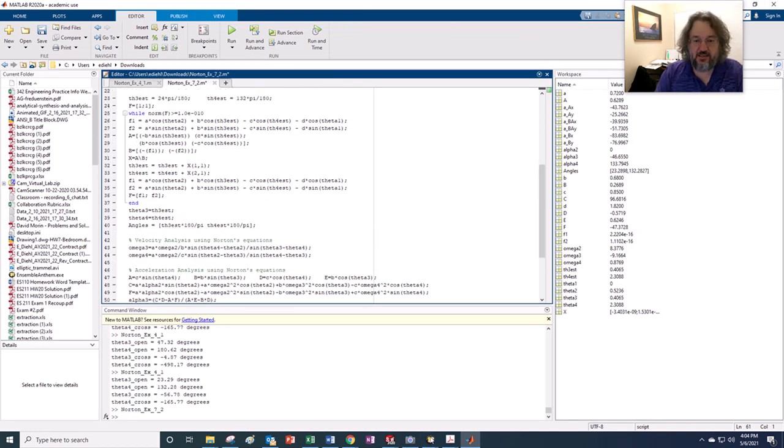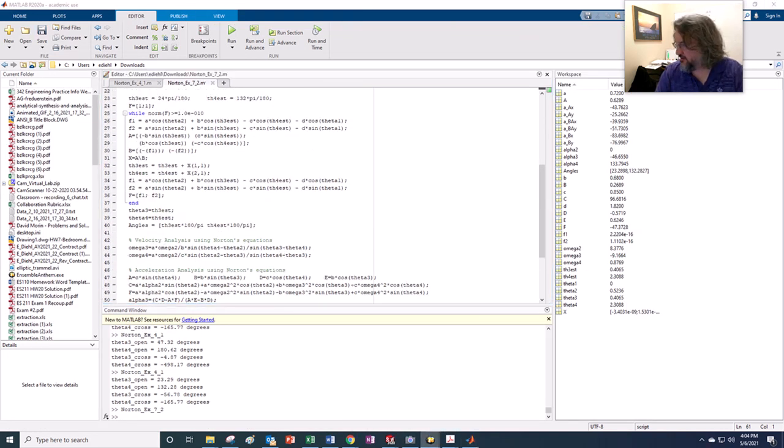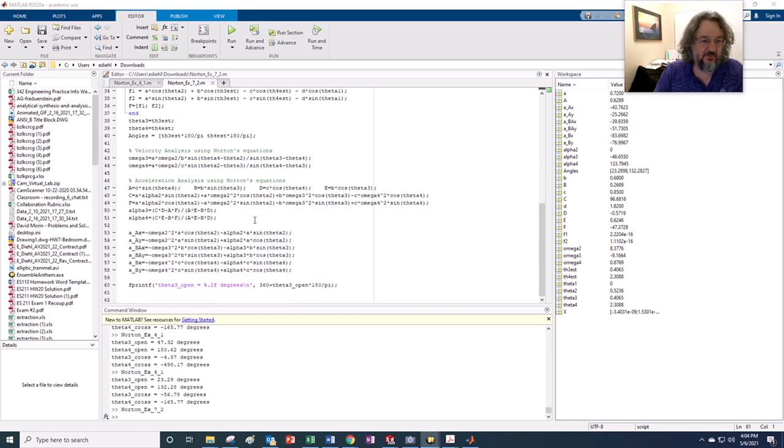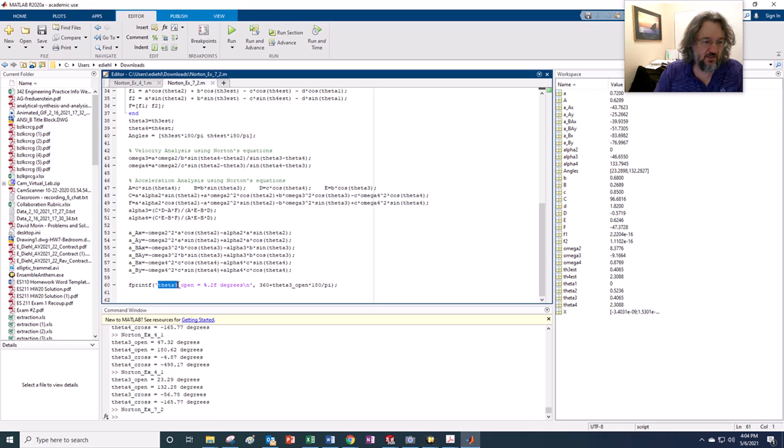And of course, now this is taking up time, right? That is going to count towards my measuring of things. But let's see, things that I want out of this. I want omega 3.